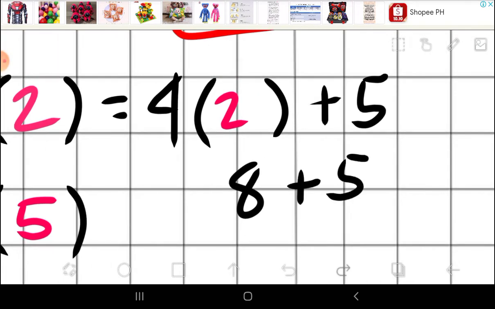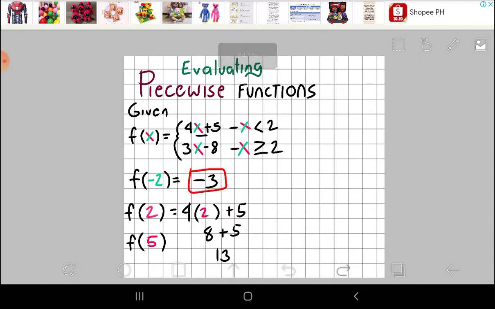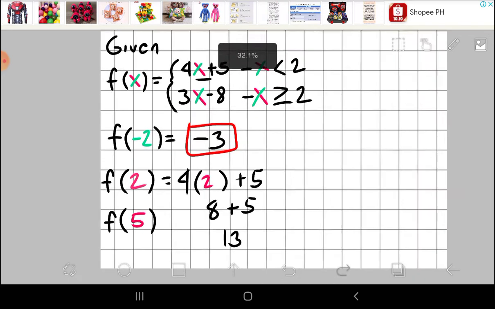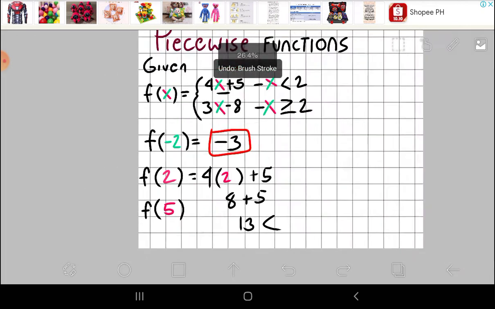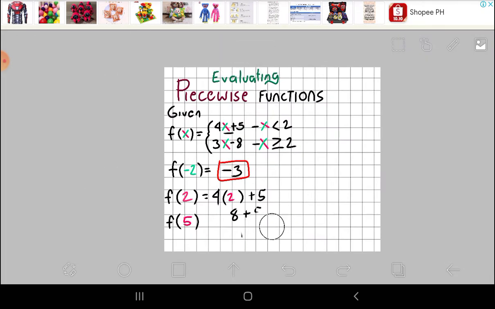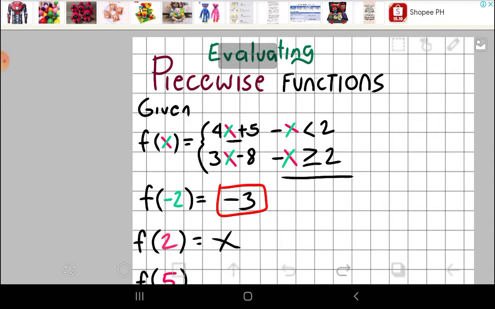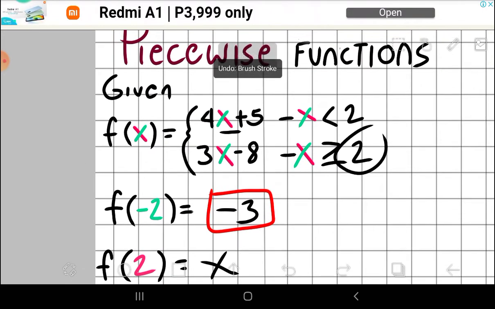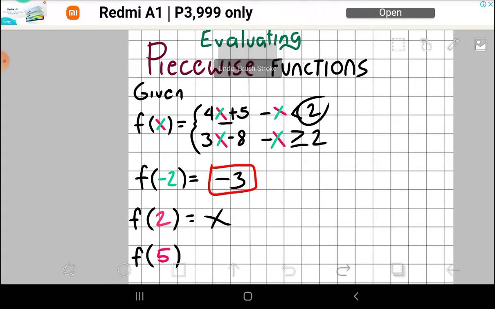Plus 5 is 13. Is 13 more or less? So less than 2? No. So 2 doesn't have an answer because it's not less than 2 and not more than or equal to 2. It's not more than positive 2.